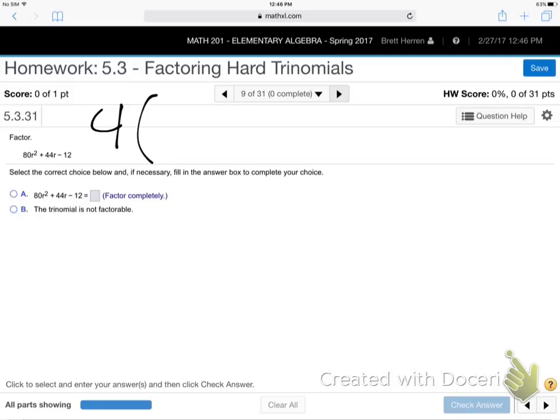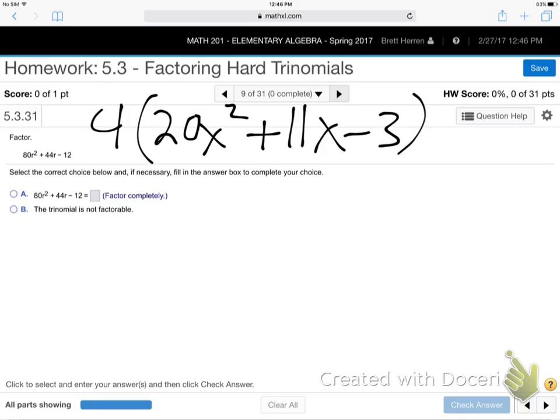So we have 4 in the front. Keep the 4 on the outside. And then we're going to do the FOIL. 4's in the front. Good so far.